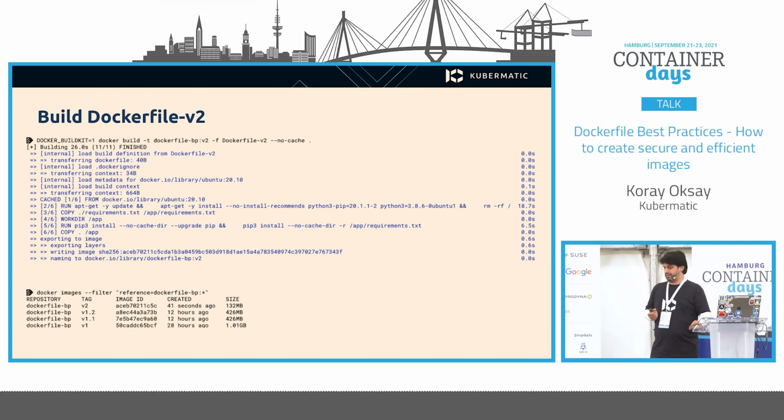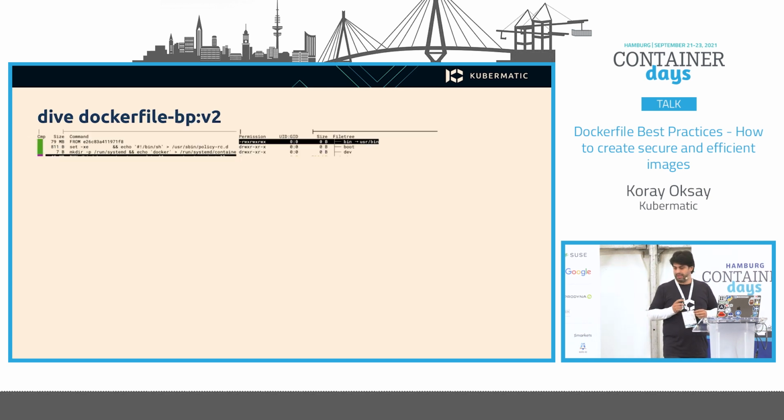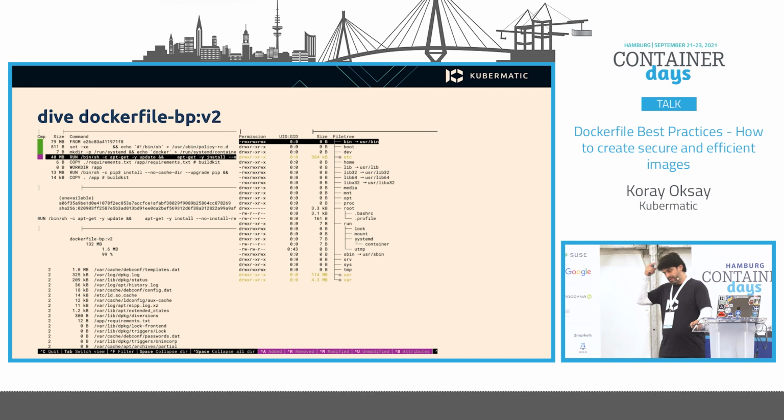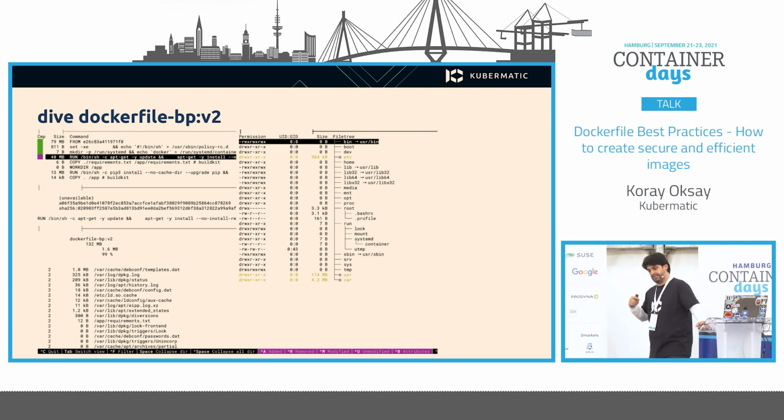And then the third one, this Dockerfile version 2, is now 132 megabytes, because I was removing the cached files which are not needed to run my application. Now the size is even smaller. And if I check it with dive, if you remember from previous slides, the apt-get layer was around 300 megabytes. Now it's 40 megabytes, just because I removed the deb files.